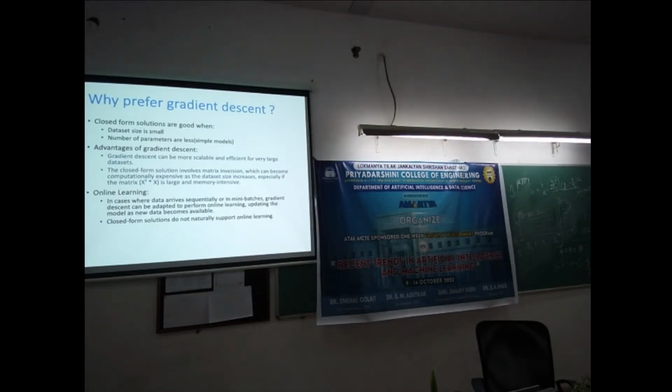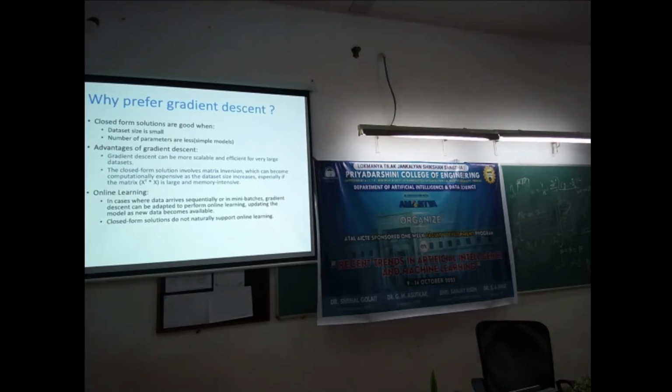Closed form solutions are good when the data set size is small, that means the number of records is small and the number of parameters is less. The number of parameters depends on the number of attributes. The more attributes your problem handles, the more parameters. So if it is small, you can use the closed form solution.